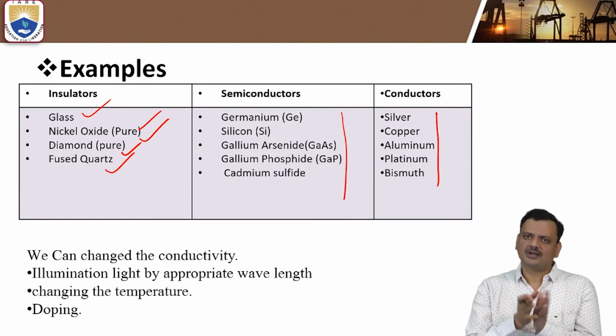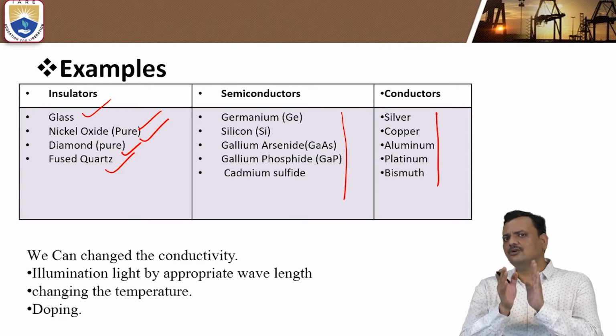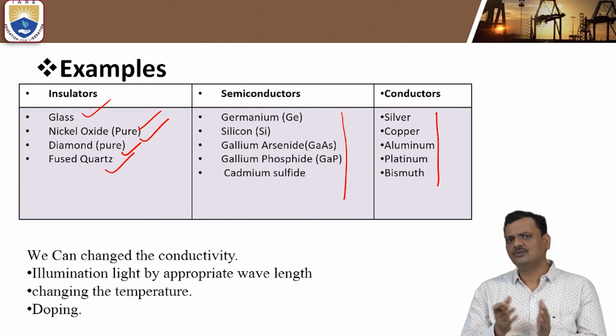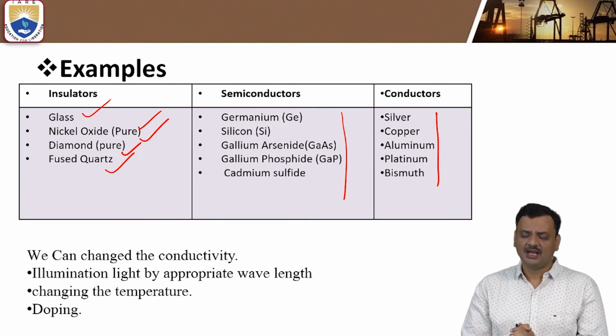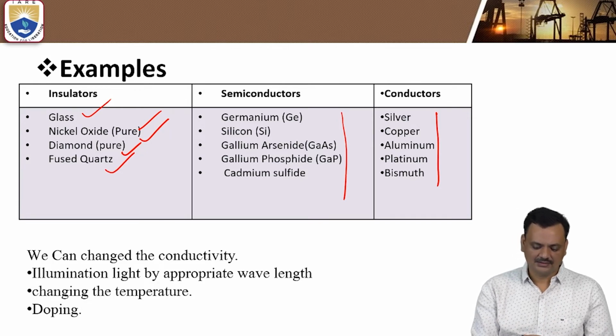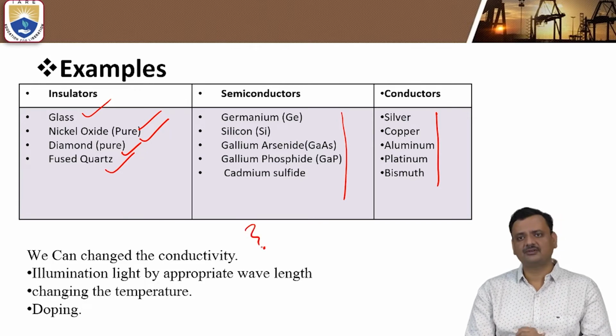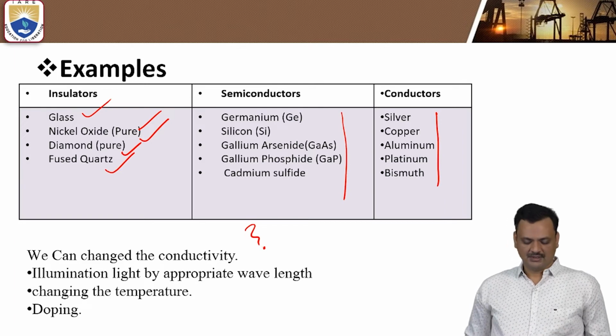And if you want insulation, why not use insulator materials? Why do you always use semiconductors for device applications? Why is it so important? The answer to that question is given here.